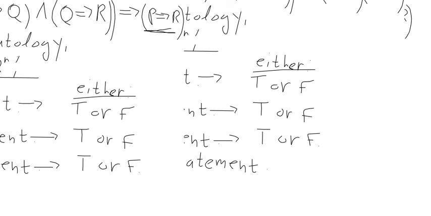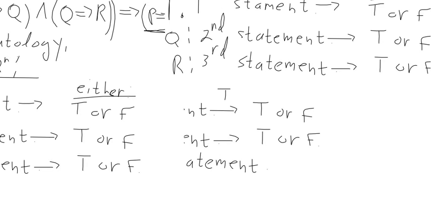Now, in order to set up the truth table, each statement can either be true or false, as I mentioned. But first off, we need to put every single variable in the truth table. So here's our truth table. The truth table is going to be the following, okay?